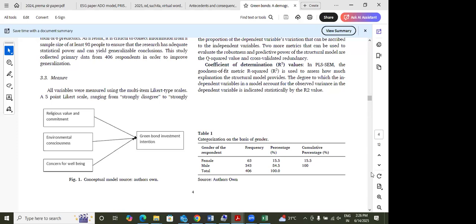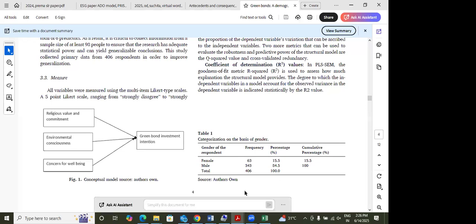We try to find out the variables. Let's say this is a paper; the variables in this paper are these. We have to find these kinds of variables from the past papers extracted from the Scopus database, and we write them down randomly.